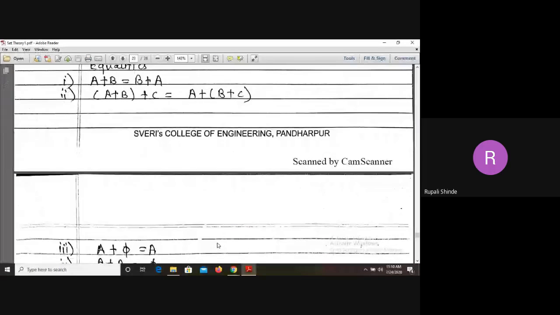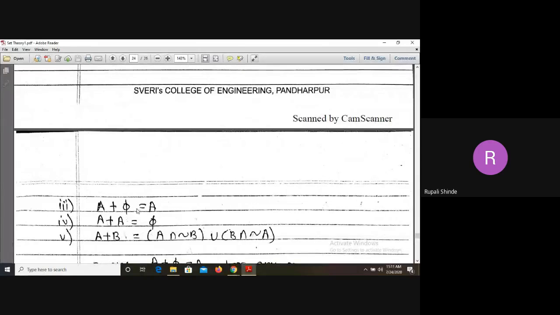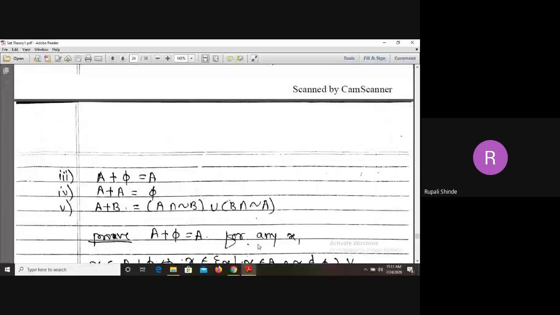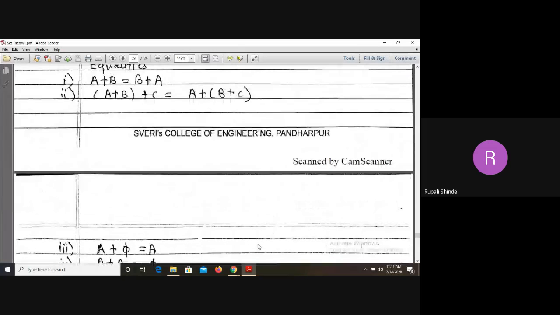Next one is A plus phi is equal to A only. A plus A is equal to phi, and A plus B is equal to A intersection negation of B union B intersection negation of A. So all these are properties of this Boolean sum.